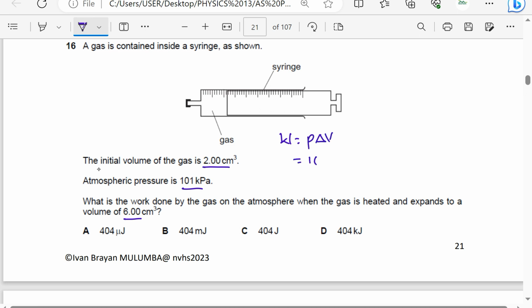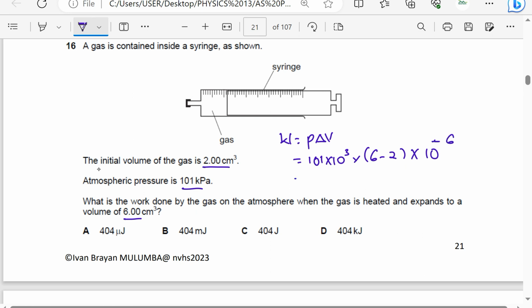So the pressure is 101 times 10 power 3. The change in volume changes from 2 to 6, so the change in volume is 6 minus 2, but this should be changed to meters cubed. Let me leave it in centimeters, so this is going to be times 10 power minus 6 to change it to meters cubed.